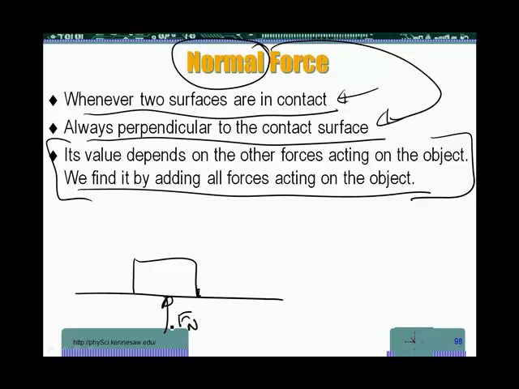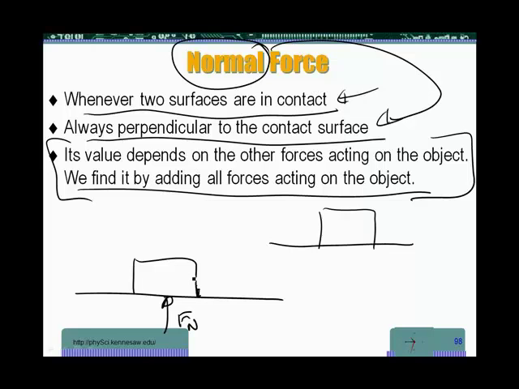Now, this surface, this floor, is exerting F sub n on this particular mass. Now, F sub n is a measure of how much the floor pushes up against that mass. In the same token, thinking of the same situation, you see I'm drawing it distinctly because usually it's not a good idea to mix two different things.